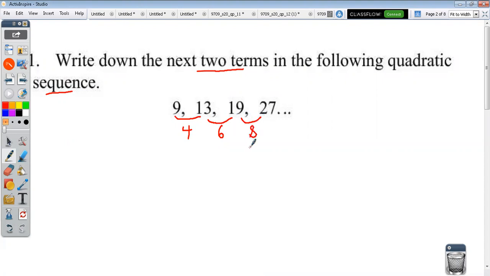So the next difference, I should add 10 to this, and I'm at 37. Then the next difference, I should add 12 to this, and I'm at 49. Are we agreeing? Okay.